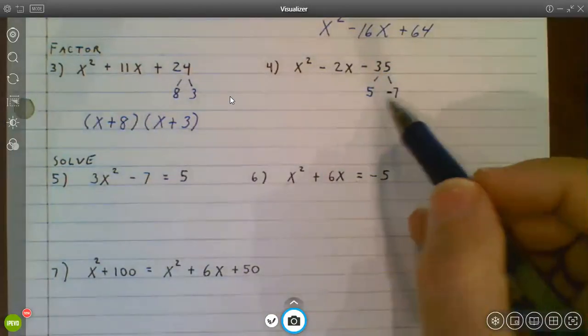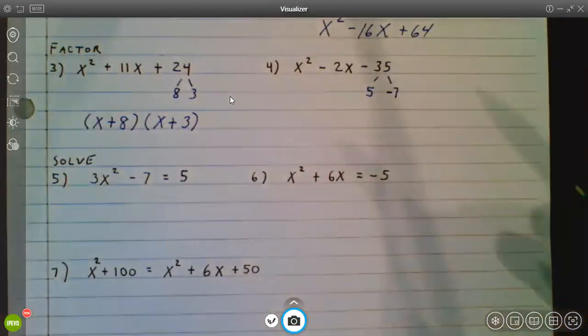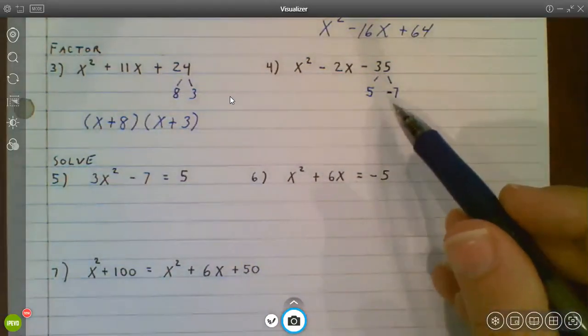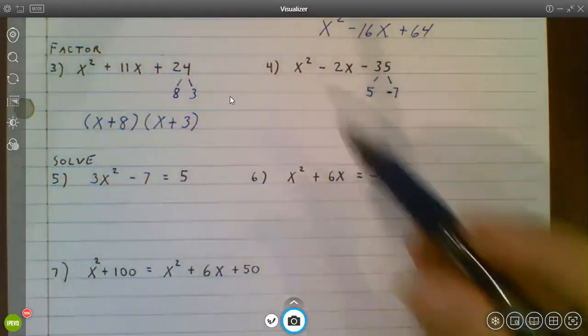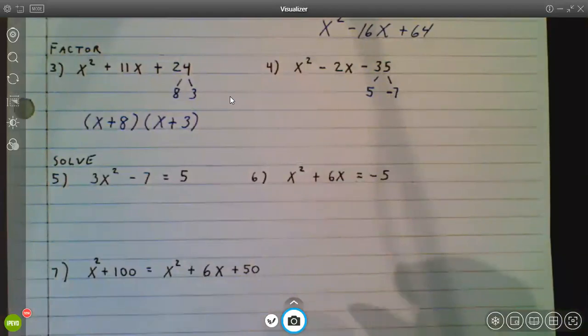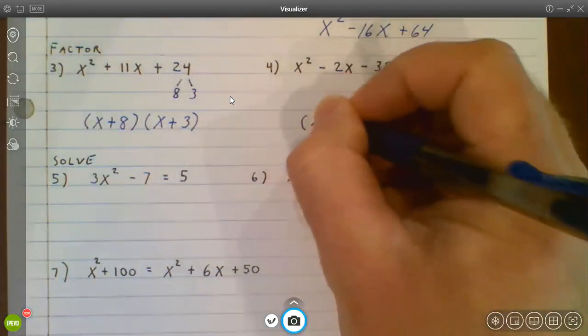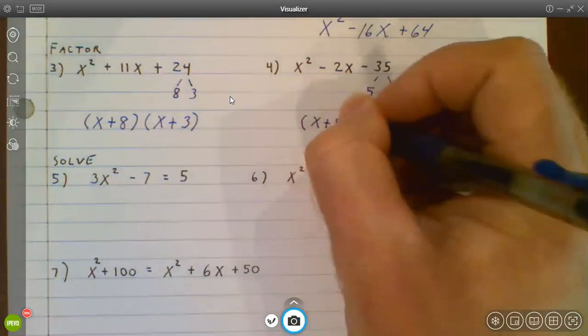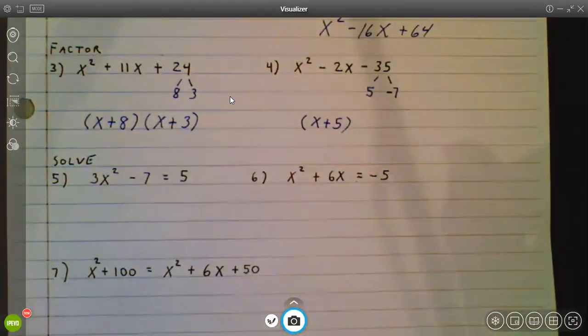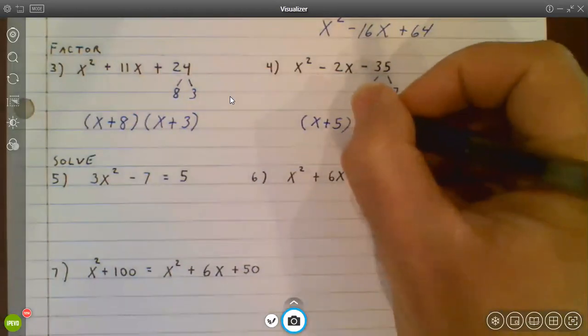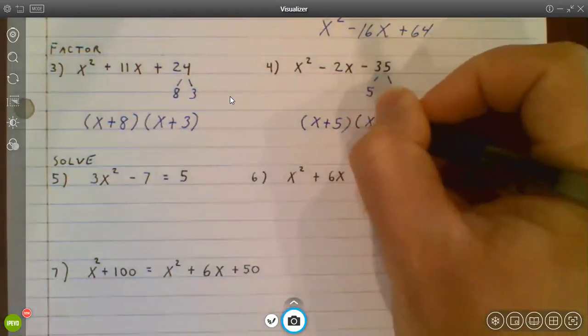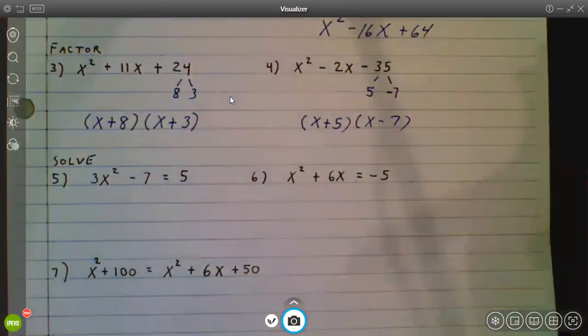Now if I multiply those together, I do get negative 35, and if I add them together, I do get negative 2. So I know those are my winning numbers. The 5 was positive, so we would write it as x plus 5. My 7 was negative, so we're going to write that as x minus 7. Those would be our two factors.